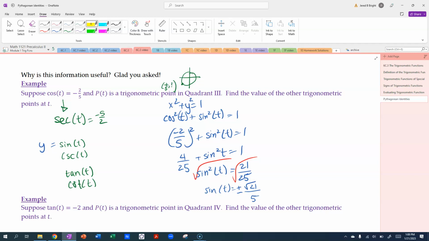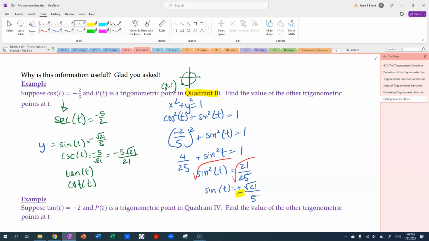The positive or negative is dictated by the quadrant. In quadrant 3, I have a negative y. Okay, so I have to go with that. So I know sine is negative square root of 21/5. Cosecant would be -5 over square root of 21, better known as -5 square root of 21/21 if I rationalize.